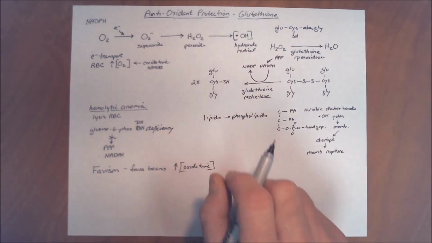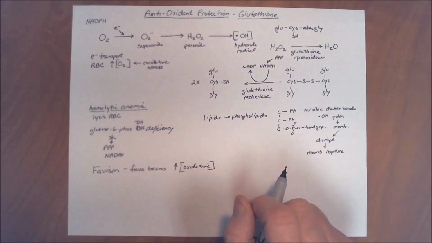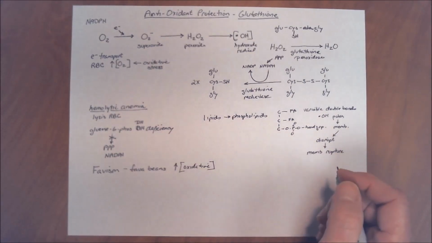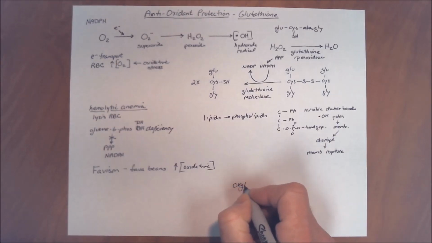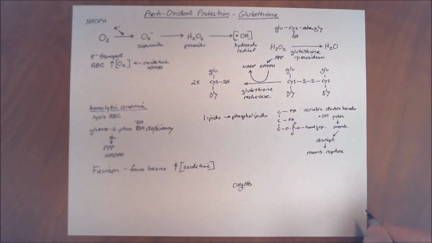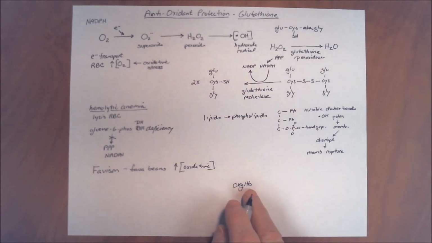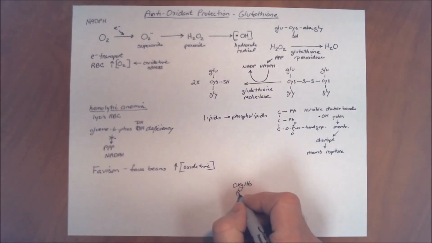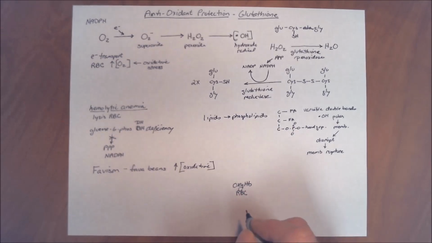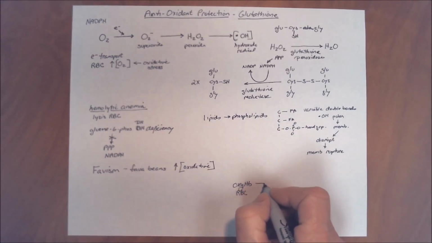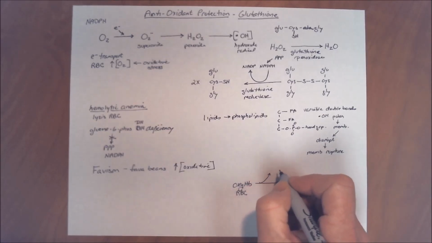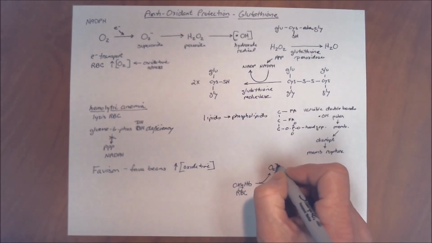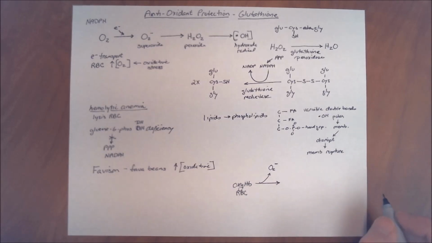The other issue with this oxidative stress, looking at the red blood cells, is going from oxyhemoglobin, which is oxygen-bound hemoglobin in the red blood cell, undergoing oxidative damage so that the oxygen is released from the hemoglobin as a superoxide anion.